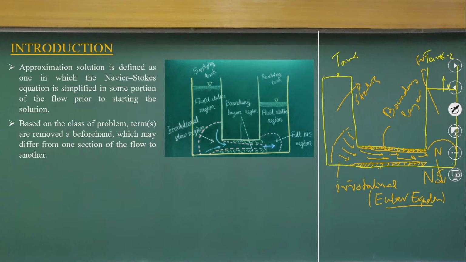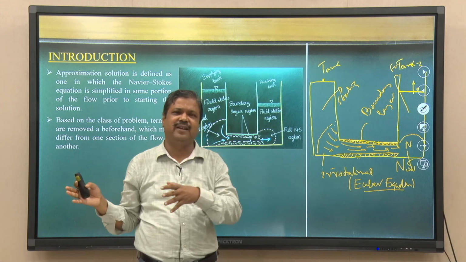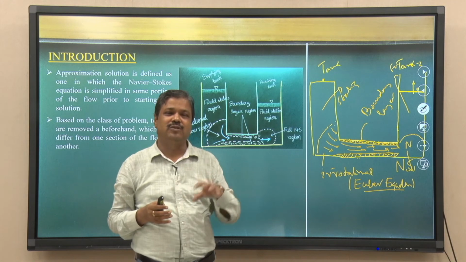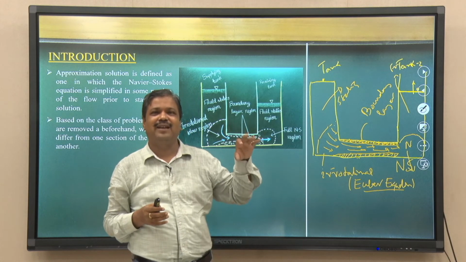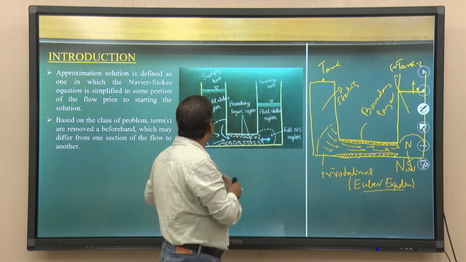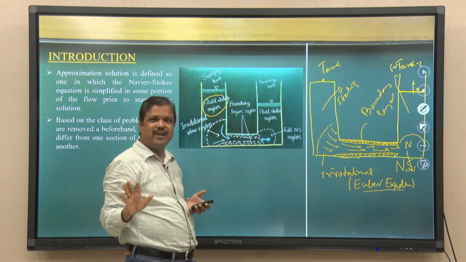So, with this very simple example, we have two tanks, one is a supply tank, another is a receiving tank. Within that tank, flow zones, there are regions that behave like a fluid at rest. These regions will remain like a fluid at rest, there is no stress component at all.